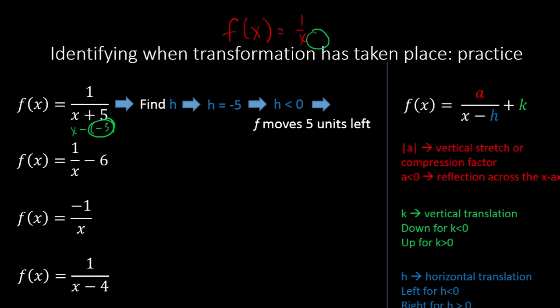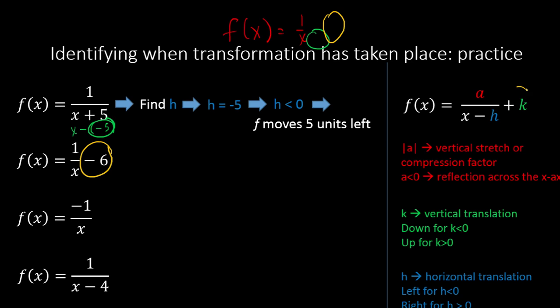Let's do it again with the next example. So in this case, I've got f of x equals 1 over x minus 6. So what's the difference between this function and my parent function? Well, 1 over x, here I've subtracted 6. That's something I didn't do up here. So I look at negative 6, and I look at my key. What variable does it fit with?